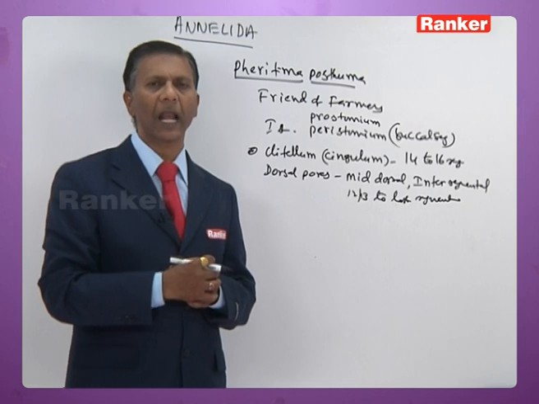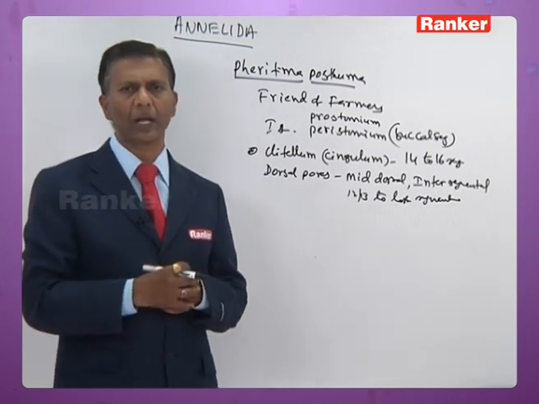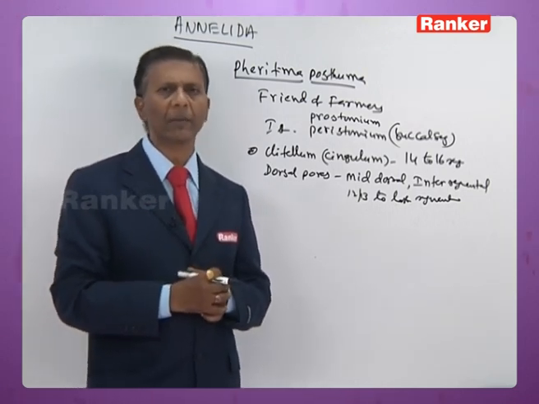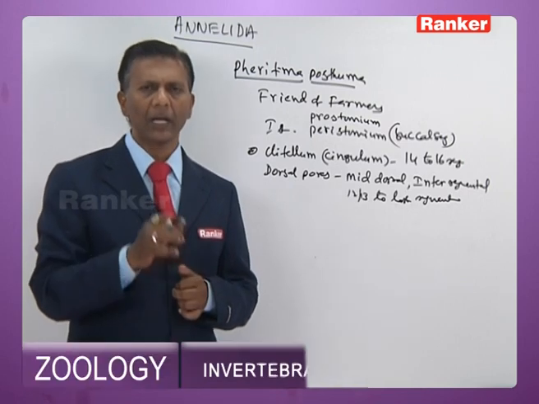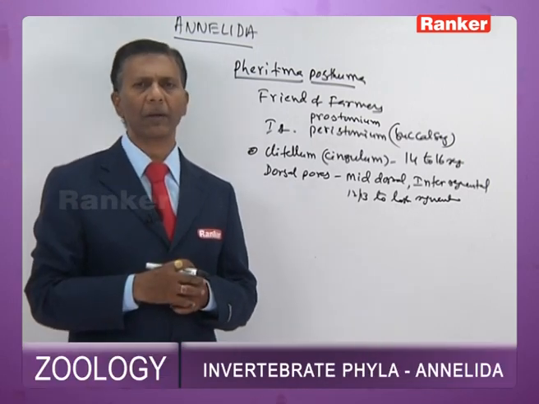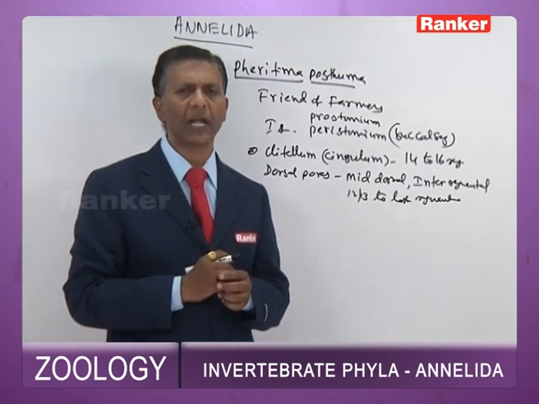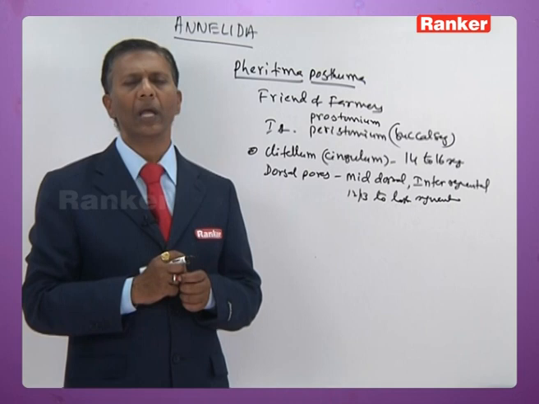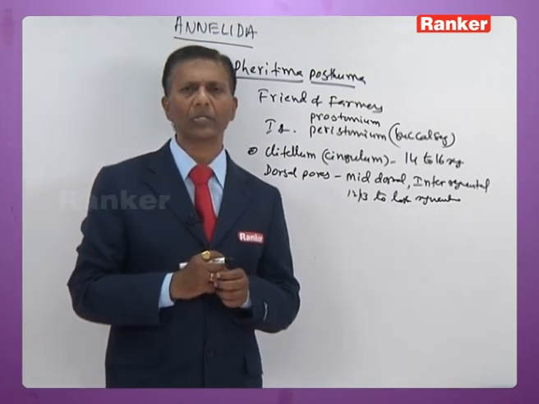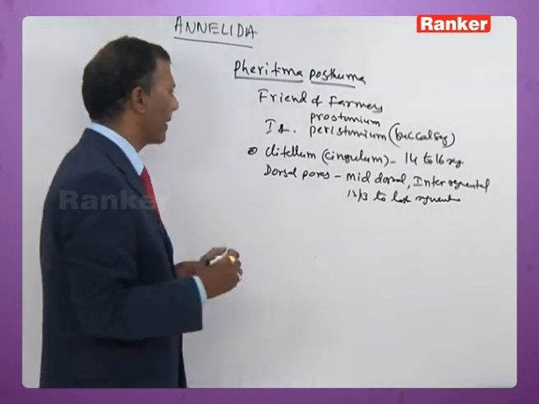They are absent even in the clitellum and the last segment. So except the first 11 segments, clitellum and last segment, in all other segments intersegmental dorsal pores are present. The dorsal pores facilitate oozing out of coelomic fluid to keep the body well moist and to ensure respiration.